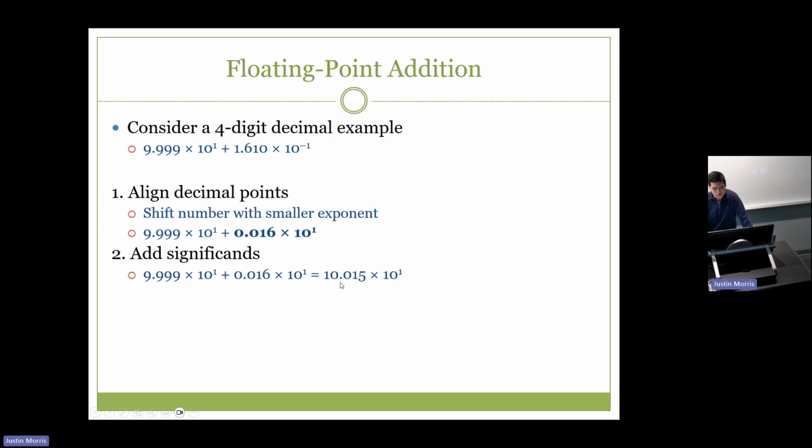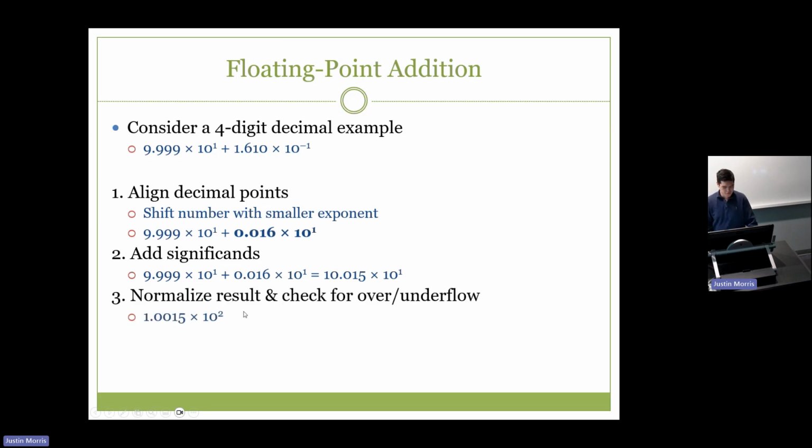Usually this is not how we would finish, so we're going to normalize it back. To normalize this, I have to move the decimal, so do I increase or decrease the exponent? Increase. Yes. So we normalize the result and check for overflow and underflow.